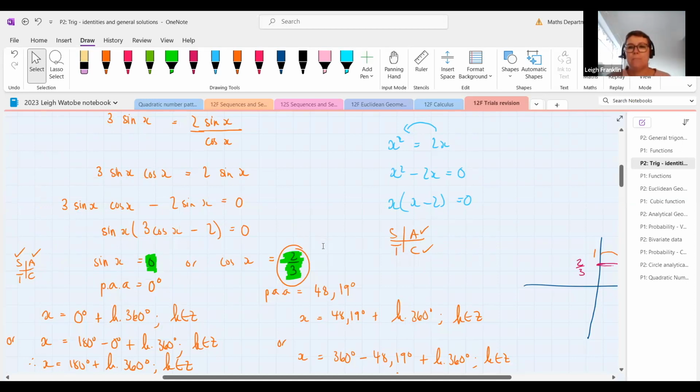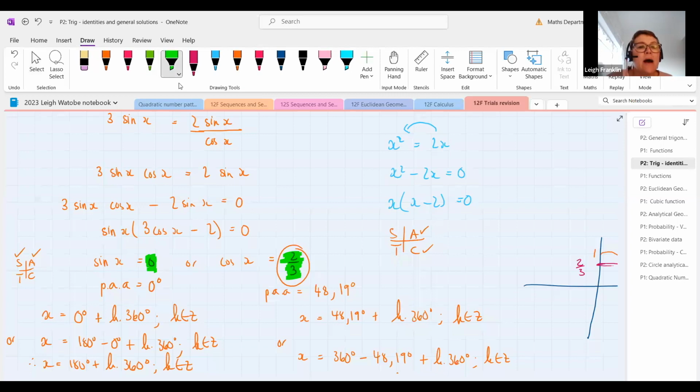Okay, now the problem with that, William, is that cos x is not a common factor. So if I go back and highlight cos x, can you see it is only in the first term? I do not have a cos x in the second term.